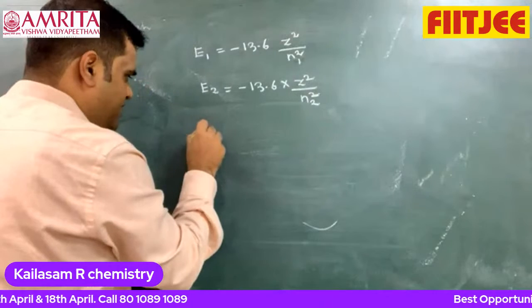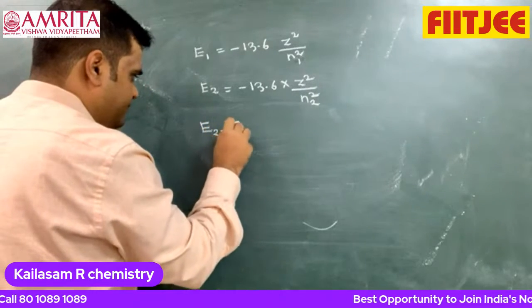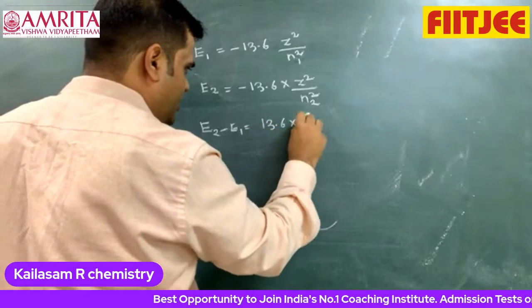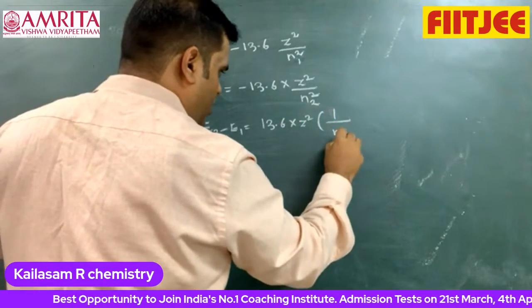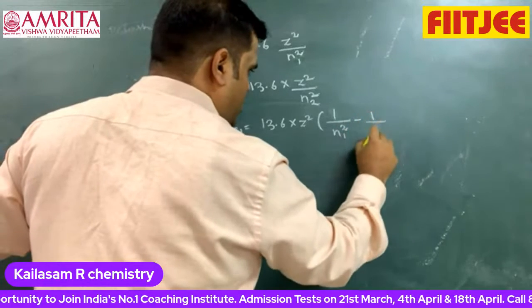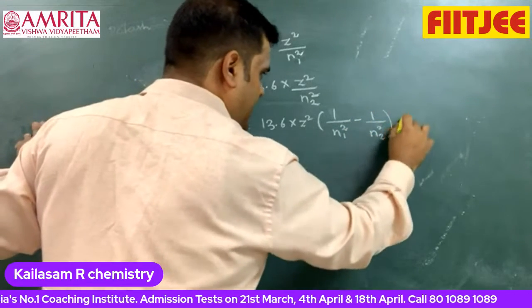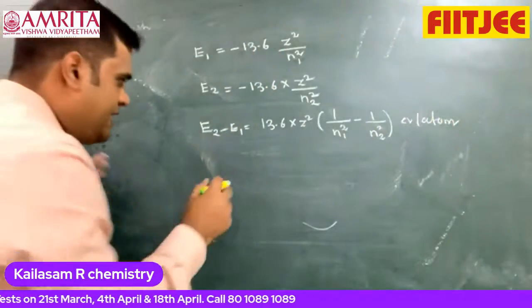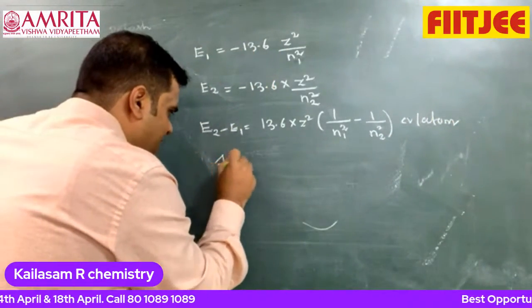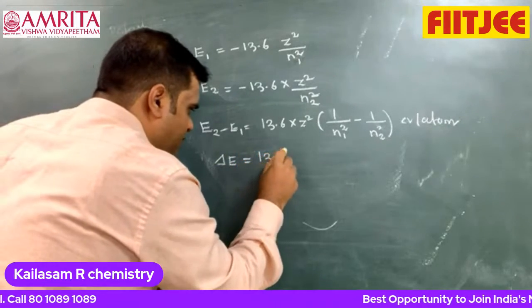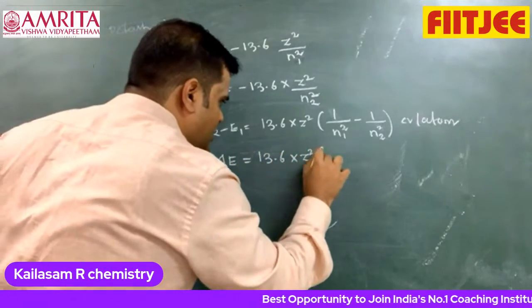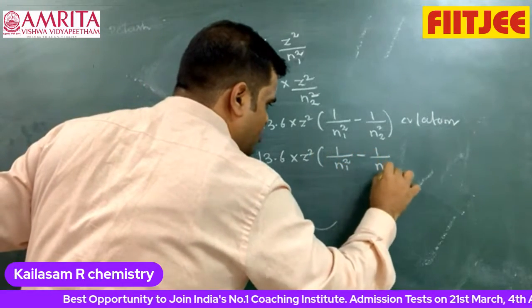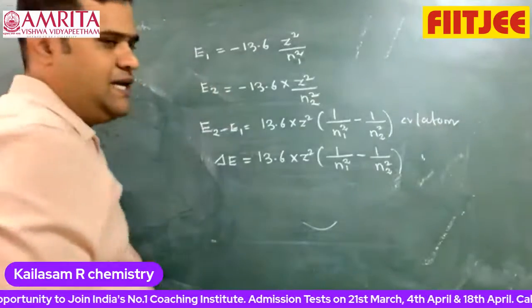Now E2 minus E1 is equal to 13.6 into Z squared, into 1 by n1 squared minus 1 by n2 squared, in electron volt per atom. I can write delta E equal to 13.6 Z squared (1 by n1 squared minus 1 by n2 squared) in terms of electron volt per atom.